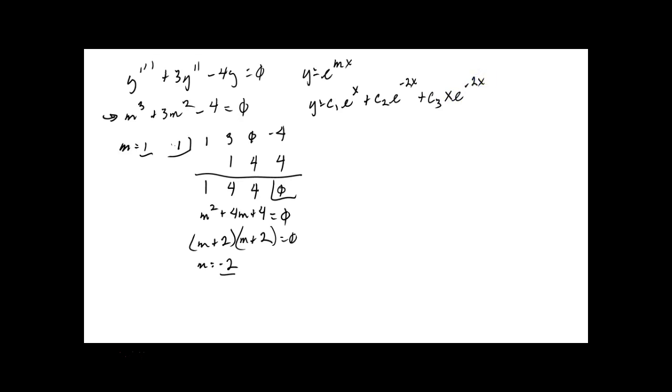There you have it: 3 linearly independent functions, 3 arbitrary coefficients. There's your general solution. Got it? Good deal. Let's see how the book did. y is equal to C1 e to the x plus C2 e to the minus 2x plus C3 x e to the minus 2x. Perfect.